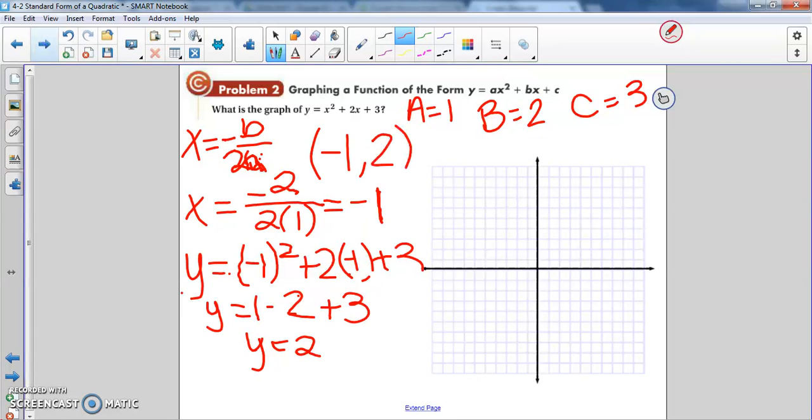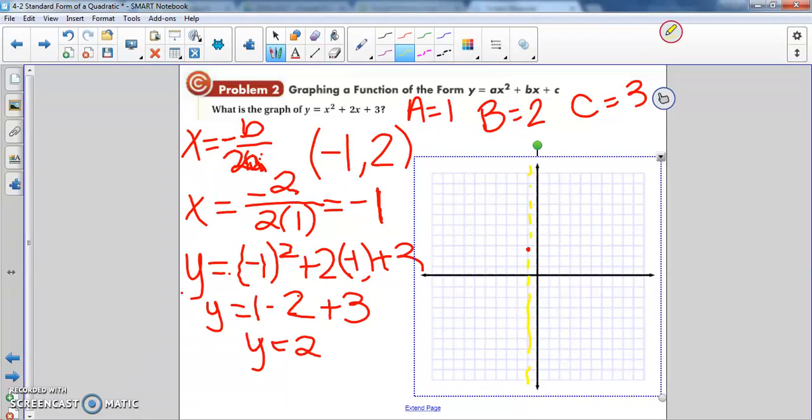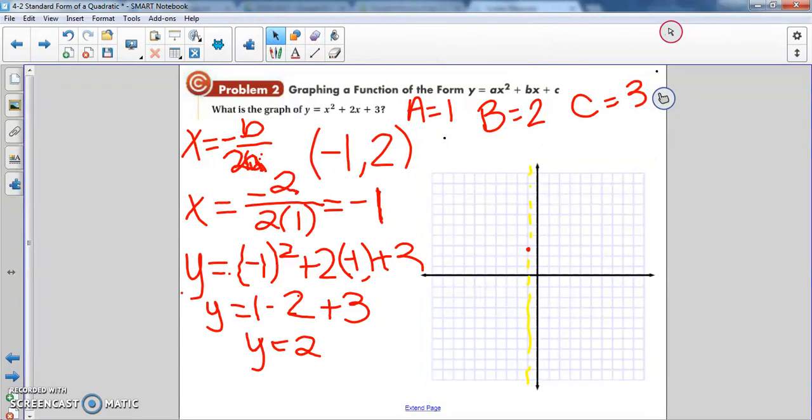I'm going to go ahead and plot that point. And I also know that this is my axis of symmetry. I need to find 2 points on one side of my axis of symmetry, so I'm going to plug in 0, and 0 plus 0 plus 3 is equal to 3, so (0, 3) would be our next point.